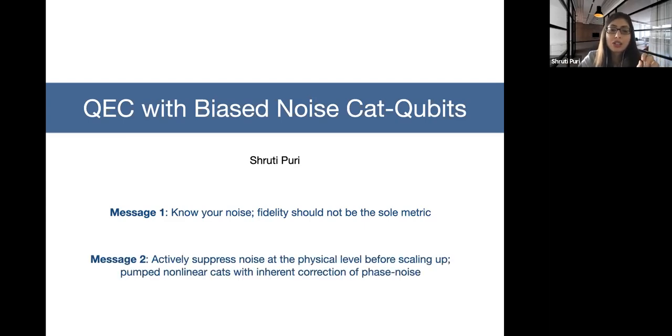The second message is, in order to have a scalable, fault-tolerant quantum computing, it's important to actively suppress the noise at the physical level as much as you can before you start scaling up. And this is sort of the whole idea behind bosonic qubits, is that you perform some local error correction to reduce errors in the qubit themselves, and then you can concatenate it with other codes to correct for whatever errors are remaining.